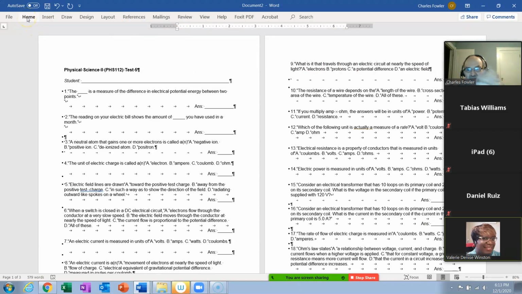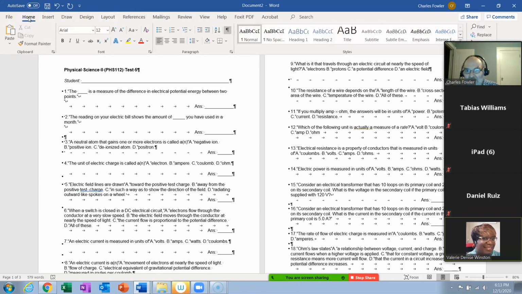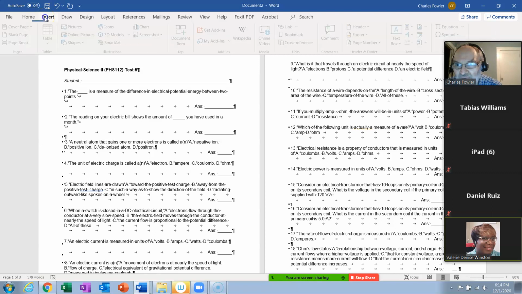The margins are. Are they under home, draw, design, layout, review, view? Is it under view? I don't see margins here under home. I don't think they're under insert.